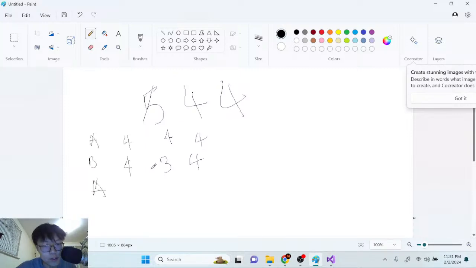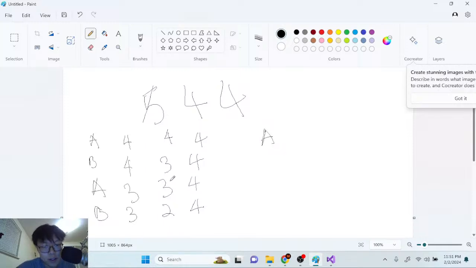What should she swap it with? Should she swap it with 4 or with 3? I think she should swap with 3, so we get 3, 3. Bob's turn, minus 1, 3 minus 1 becomes 2. I think he should swap it with 3, so we get 3, 2, 4.